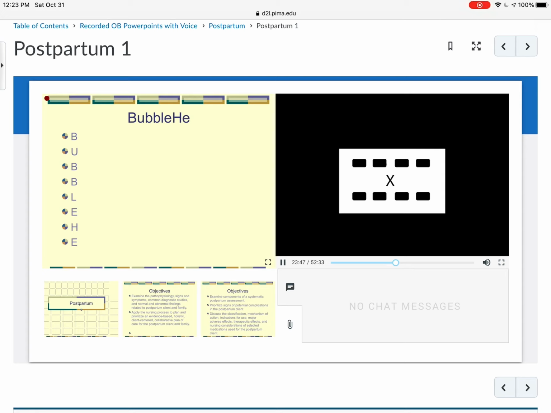And BUBBLE-HE stands for B is for breasts. We have to assess the breasts. U is for uterus. B is for bladder. The other B is for bowel. L is for lochia. E is for episiotomy. H is for Homans sign. And the last E is for emotional status.